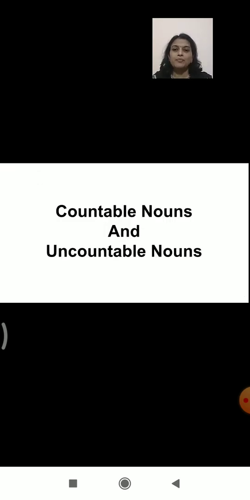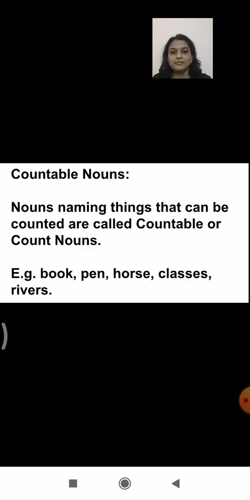Okay. Now these pictures which we saw, we can say that some of them are countable and some are uncountable. So our next kinds of nouns are countable nouns and uncountable nouns, right? So let's see what are countable nouns here.